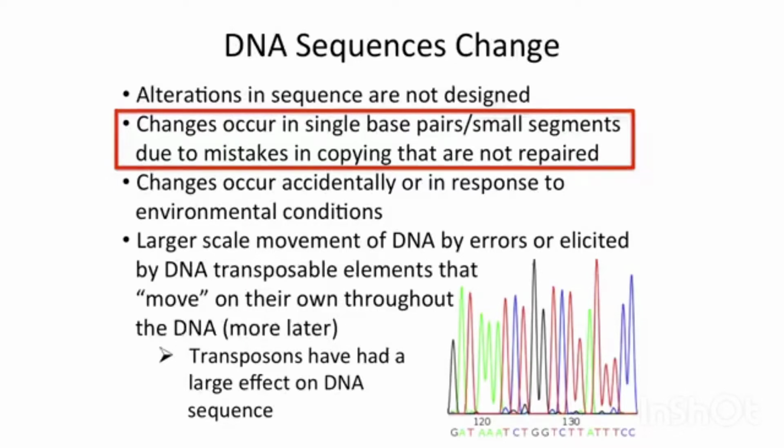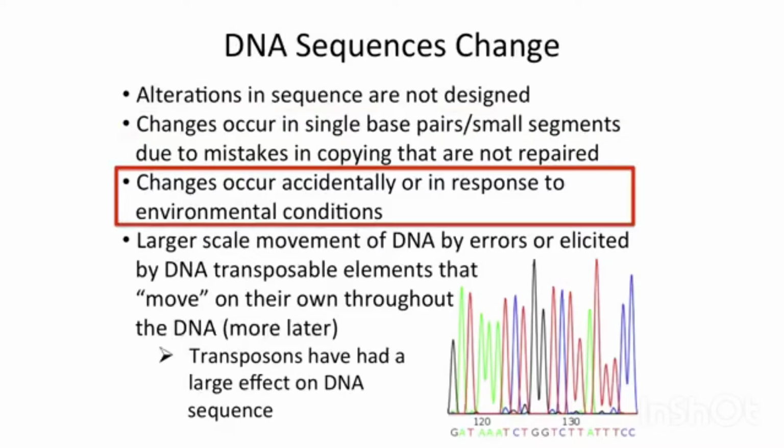More on that later. There are changes that occur accidentally, for example, exposure to UV light or radiation, or in response to environmental conditions. An example of the latter is certain types of contaminants in the environment that are carcinogenic or mutagenic that impact DNA base structure, or the overall structure of DNA, the phosphodiester bond.